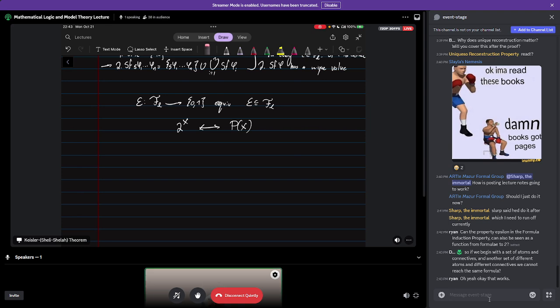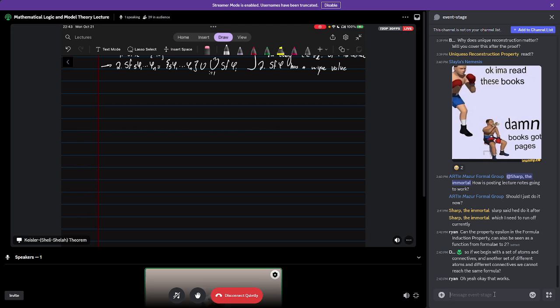So what the unique reconstruction property says is that if you have a formula, there is a single way of getting from the connectives and the prime formulas to that formula.